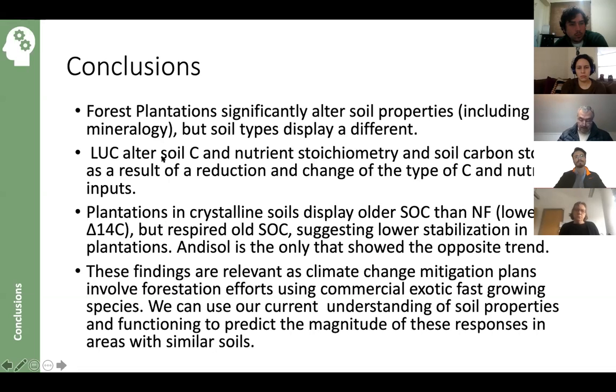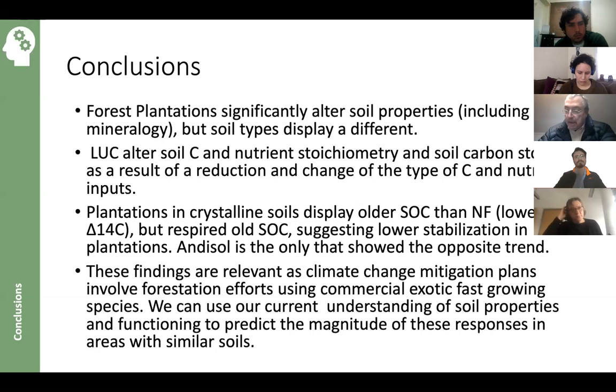Land use change or land use intensification alters soil carbon and nutrient stoichiometry, and soil carbon storage as a result, mostly through a reduction and change in the type of carbon and nutrient inputs into the system.